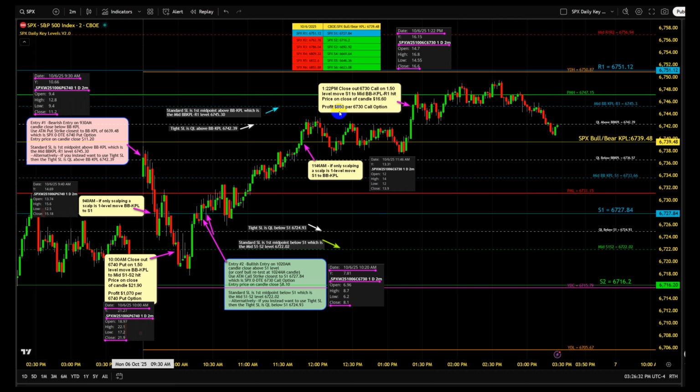So that's why they're called lotto trades, because of the way SPX can move late in the session, especially in the last half hour or last 15 minutes of the session. You can get some very high returns if it happens to move in your favor, but you also have to be cognizant of the fact that, just like a lottery ticket, there's a very good chance that they will end up being worthless.